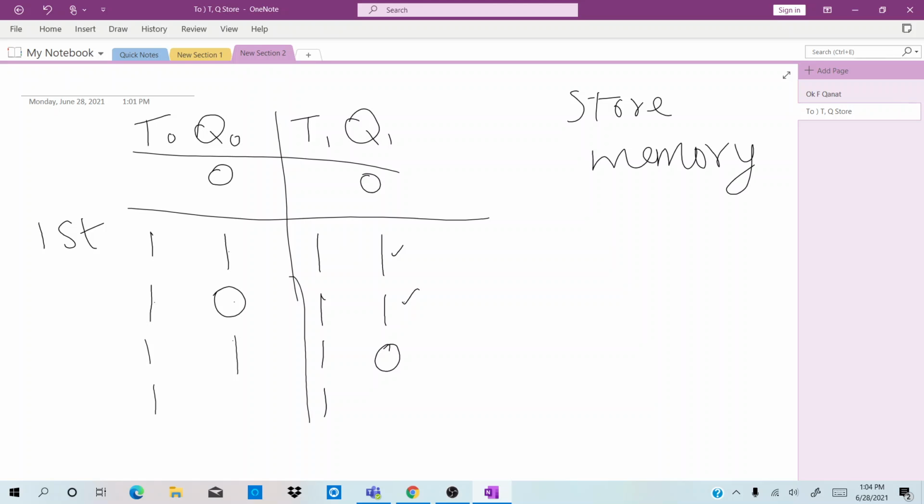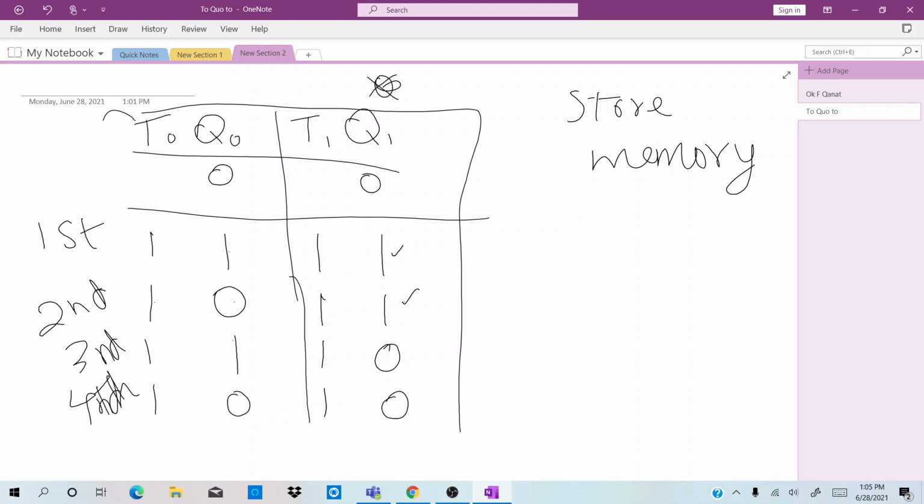And then again we will get 0 here. So this flip-flop will not be functional anymore. If it's 1, it will be returning the same. So it's 0. So these are the second, third and fourth clock answers. So this is the output and this is the answer.